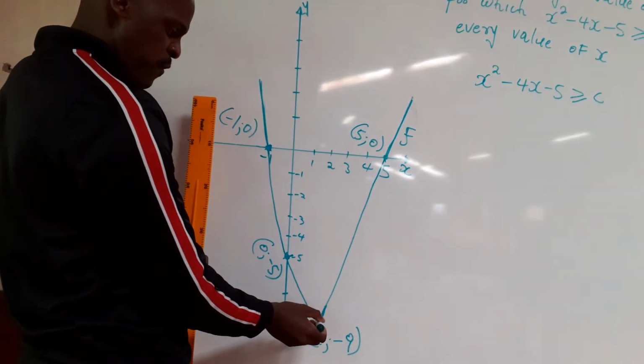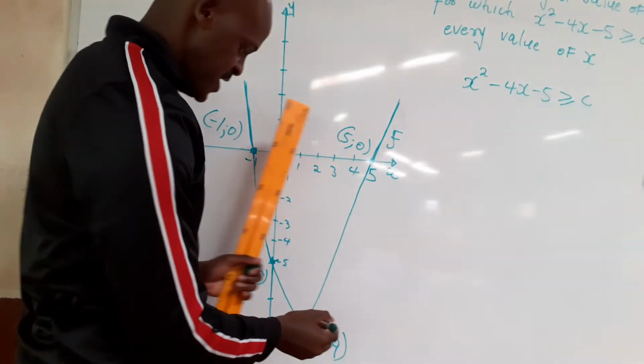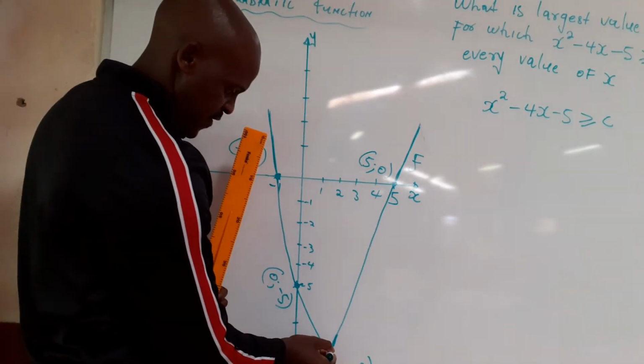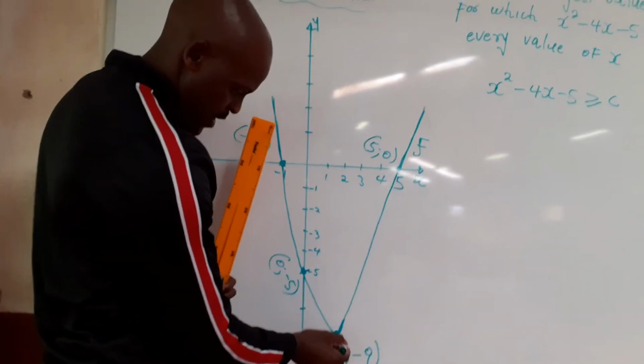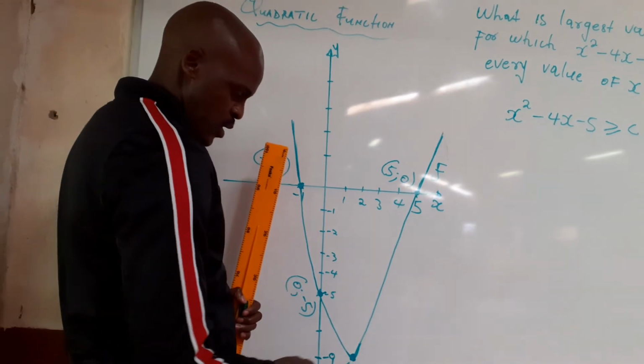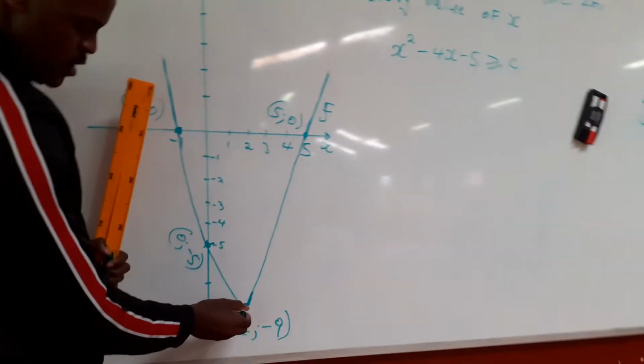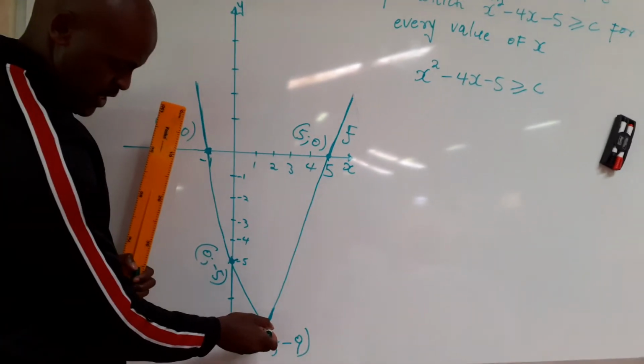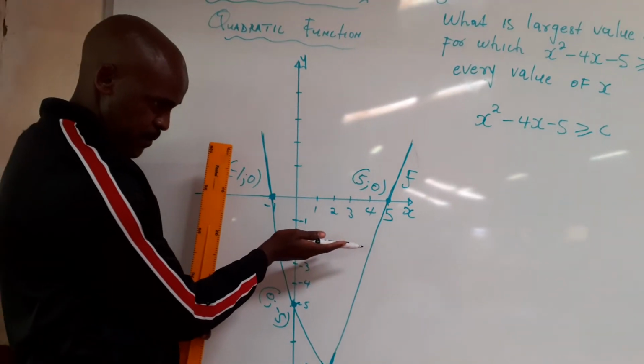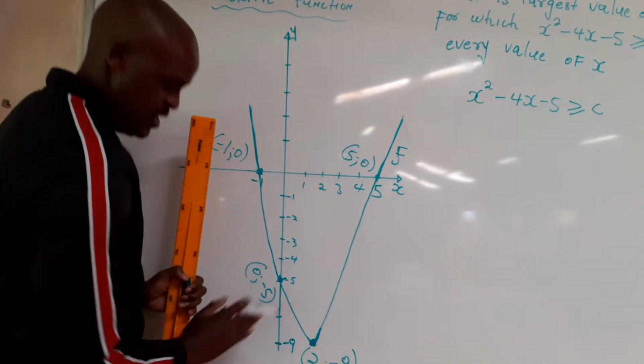What is the value of y at the turning point? The value of y is equal to negative 9. So for it to exist, it has to be here or above. Below this point, it won't exist.